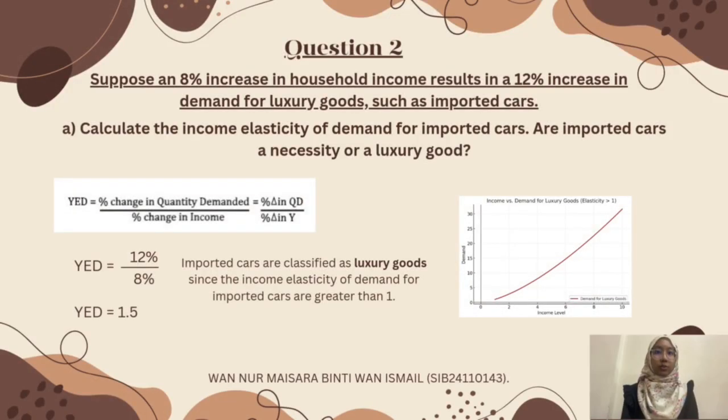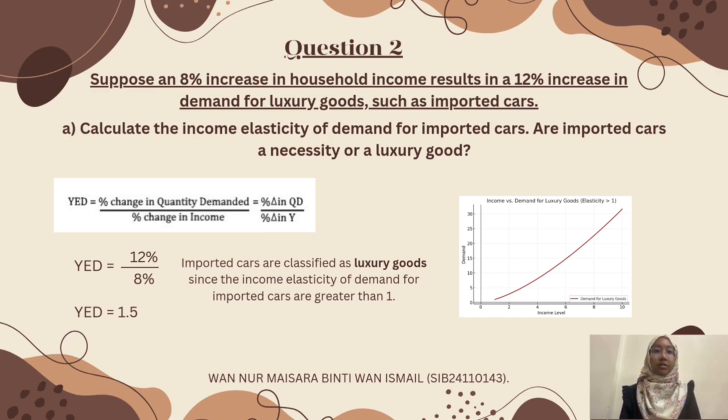For question 2, suppose an 8% increase in household income results in a 12% increase in demand for luxury goods such as imported cars. Calculate the income elasticity of demand for imported cars. To calculate the income elasticity of demand, we use the formula: the percentage change in quantity demanded divided by the percentage change in income.